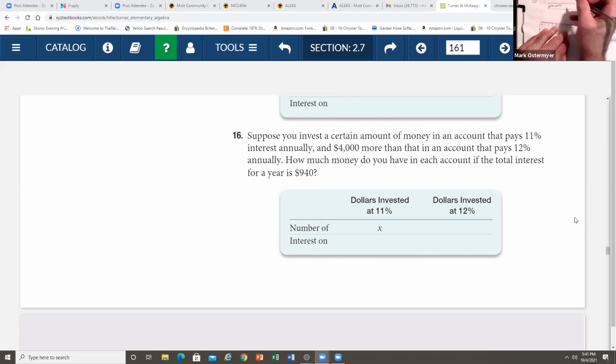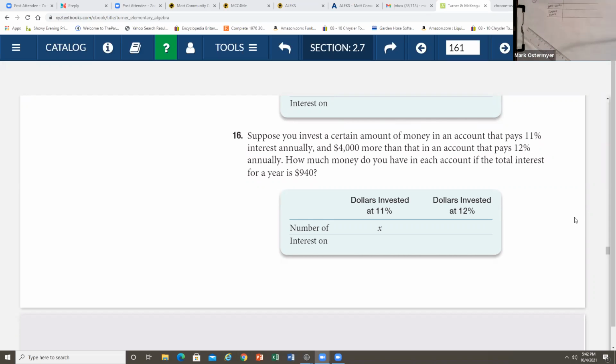The second row is the interest earned. What is interest? Interest, ladies and gentlemen, is money. It's money that you have to pay out if you take out a loan, or it's money you could earn if you invest your money. Do you agree?